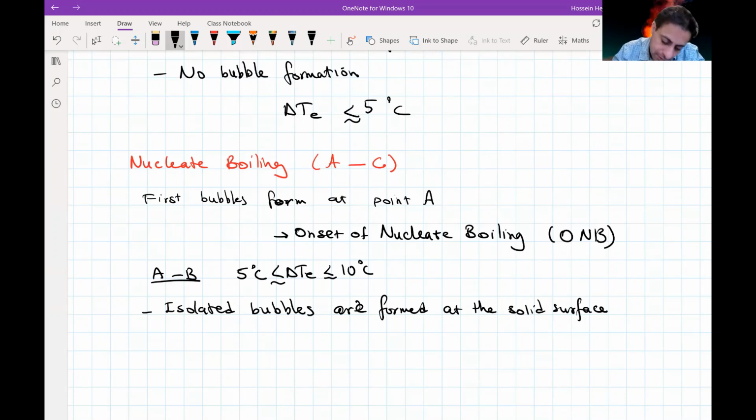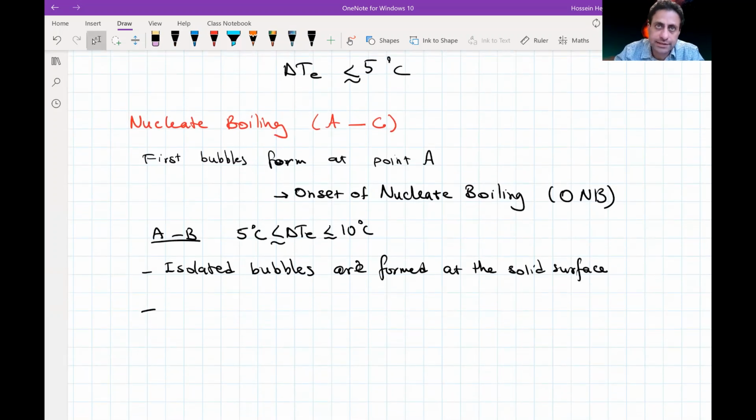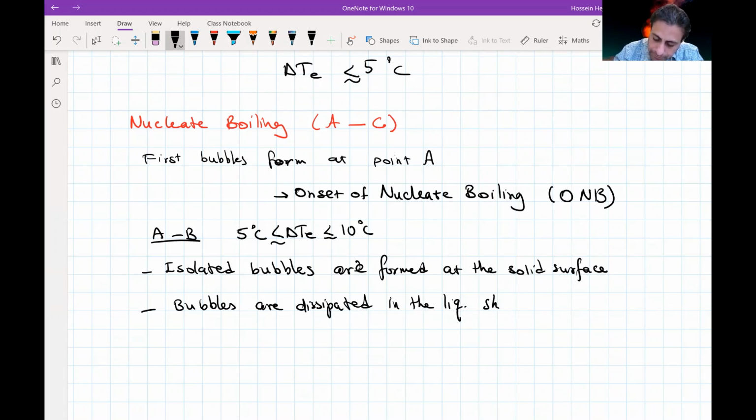Now, these bubbles, if they get detached from the surface, or maybe while they're at the surface, are dissipated. So bubbles are condensed in the liquid shortly after they separate from the solid surface.